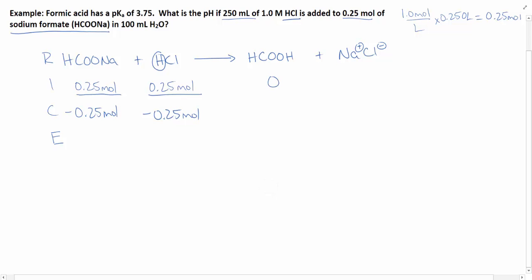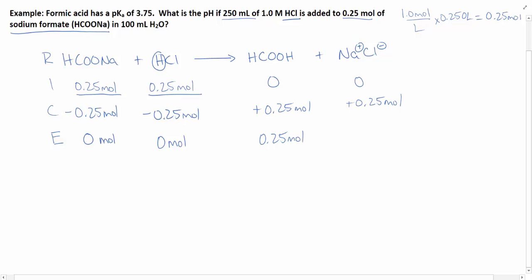We start out with no weak acid, and so our change here is going to be that we are adding the 0.25 moles that have reacted. Same with the salt, although that won't affect our pH at all in the end. So if we look at equilibrium, we have 0 moles of our weak base, we have 0 moles left of our strong acid because it's all reacted, and so all we have is 0.25 moles of our weak acid.